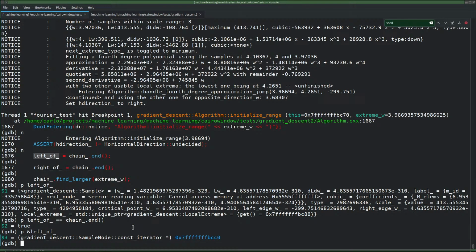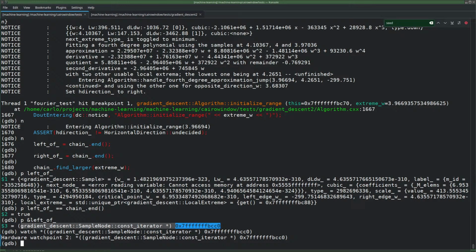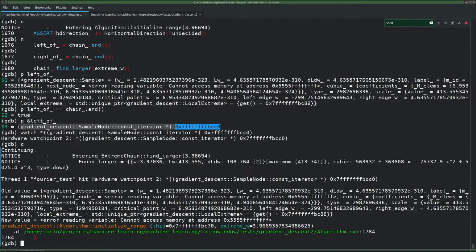Guess the watch point doesn't do this stupidity, so I can just do a watch. Well, there it is. Changed from end to something that we can't read.